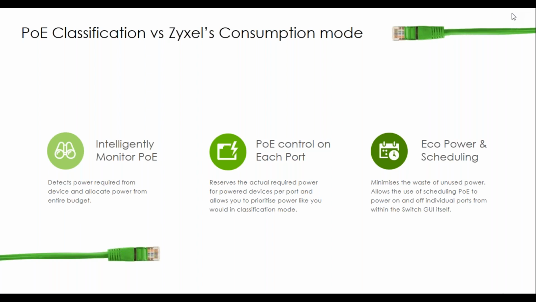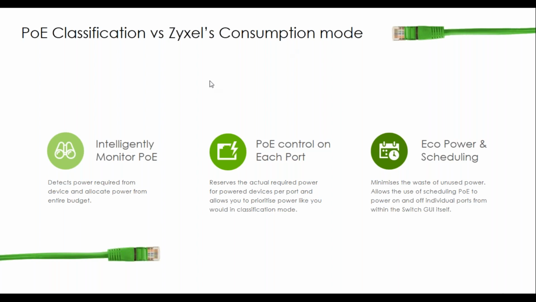We had cases where people turned on consumption mode and the negotiation didn't go correctly, because the connected powered device, access point or camera or things like that, did not support it. So they need the classification mode and need to reserve the full wattage on the port, not negotiating the real demand. This is why we have two modes. Consumption mode is activated by default. If you experience any issues, you can go back to classification mode and see if the devices boot up.